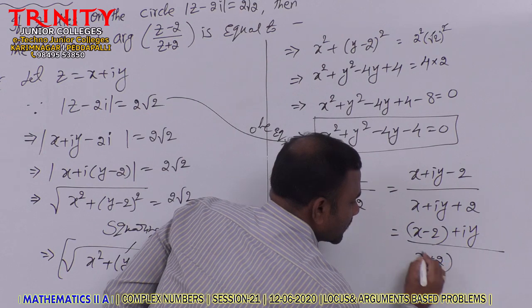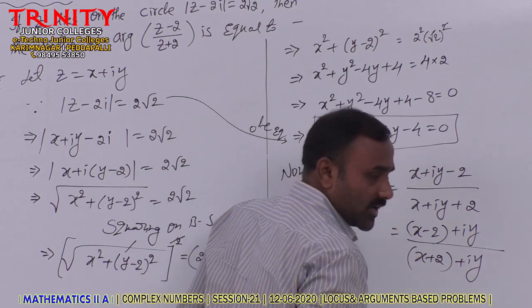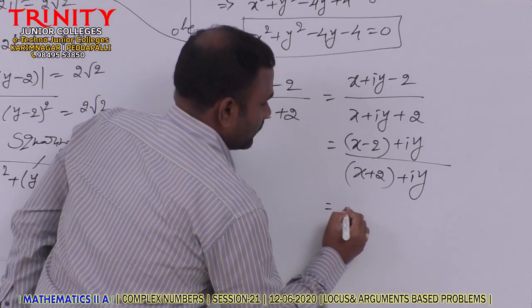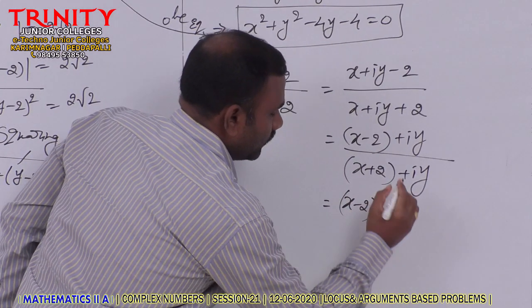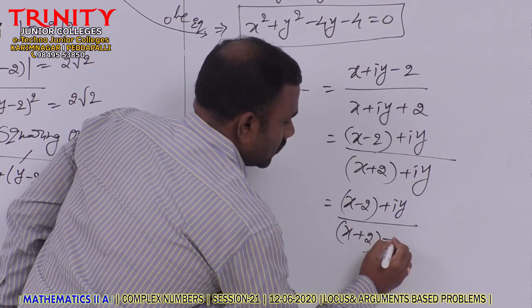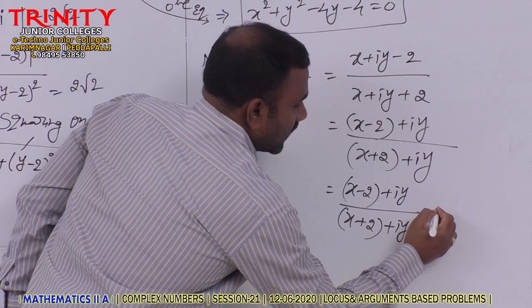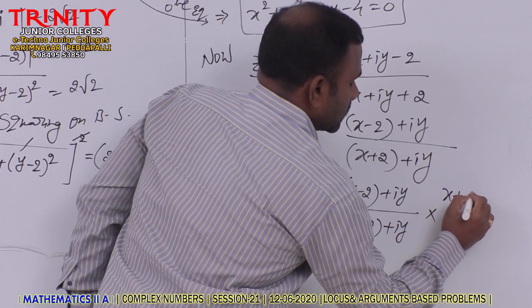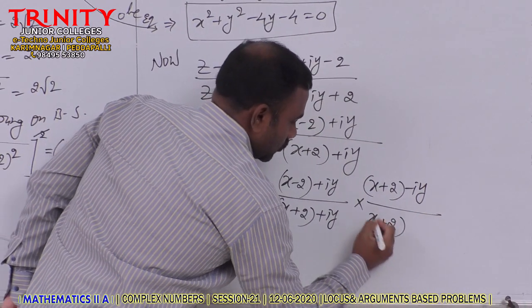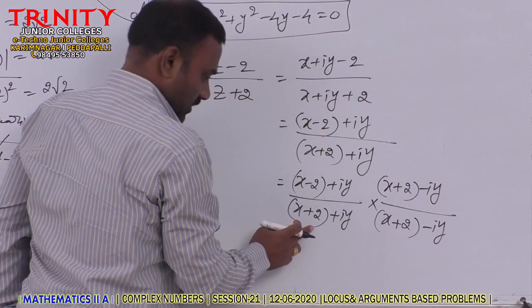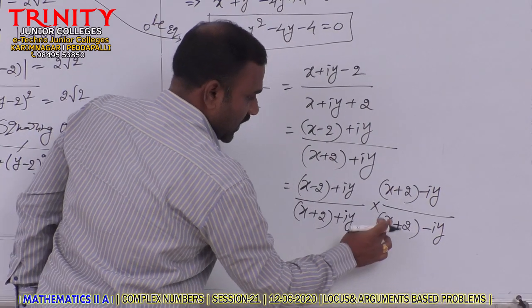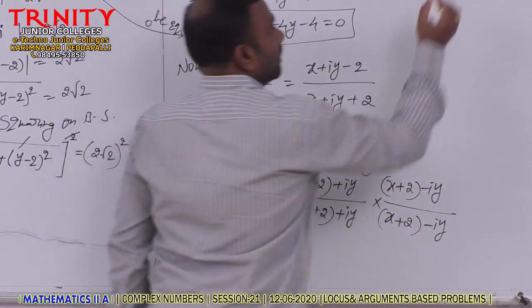In the denominator, x plus 2 is real and iy is imaginary. Then go for its conjugate: (x minus 2 plus iy) by (x plus 2 plus iy) into (x plus 2 minus iy) by (x plus 2 minus iy). Why? Because the conjugate of x plus 2 plus iy is x plus 2 minus iy.